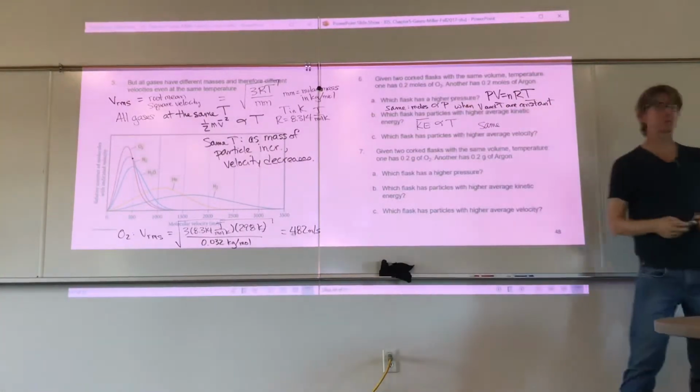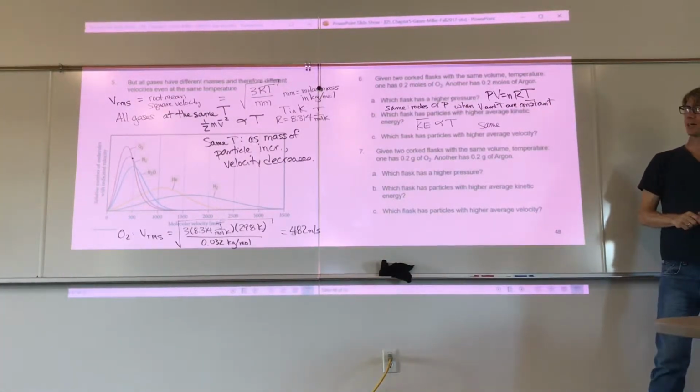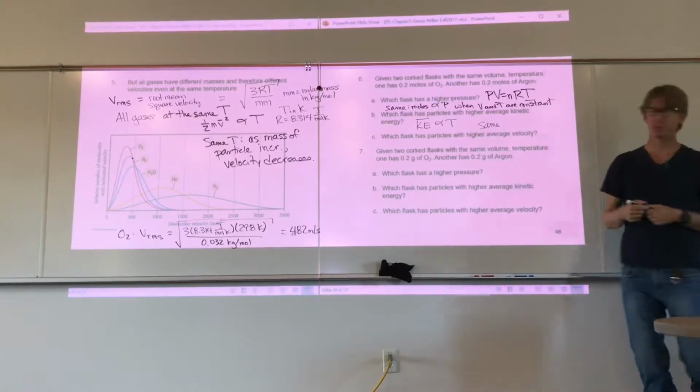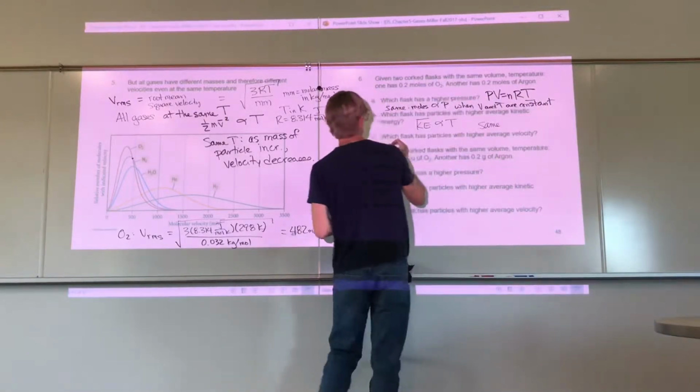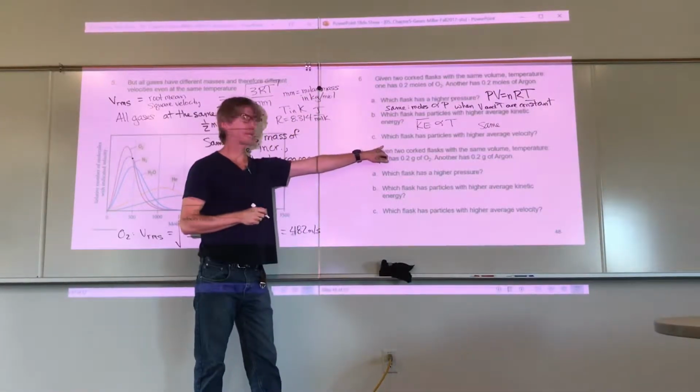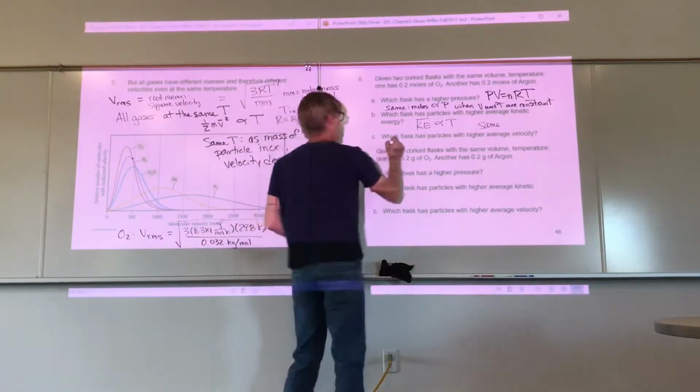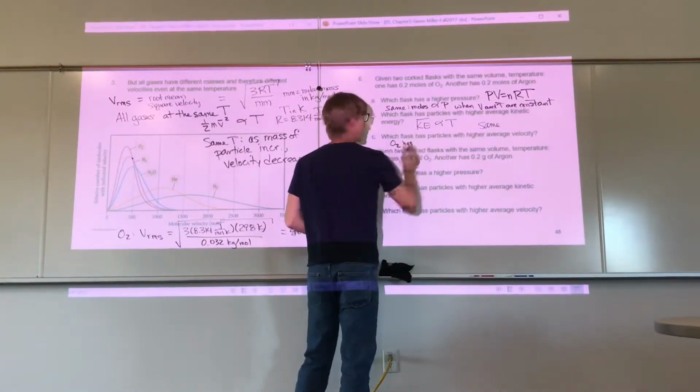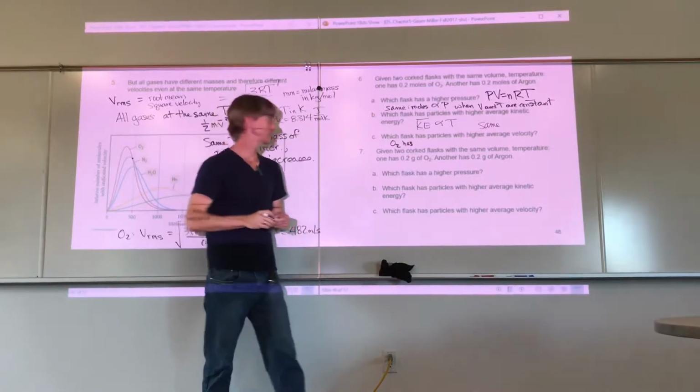Oxygen, 32 grams per mole. Argon, almost 40 grams per mole. So oxygen has the higher average velocity. O2? Slightly, yes.